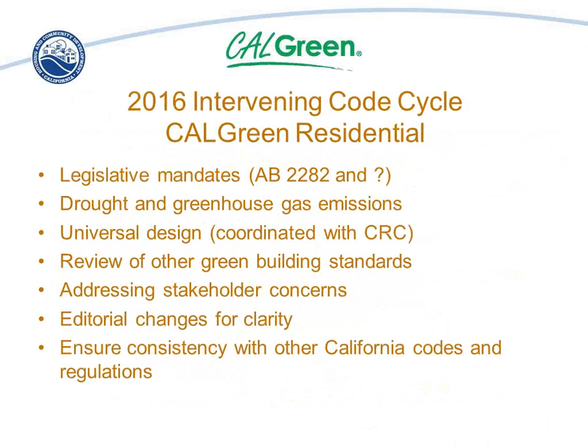Currently, we're working on what's called the 2016 intervening code cycle, and that's the 18-month code cycle between the large triennial cycles. Some of the issues that we're working on, Assembly Bill 2282 by Assemblymember Gatto. This is the bill that's requiring both the Building Standards Commission and Department of Housing and Community Development to research and evaluate the possibility for mandatory recycled water systems and structures.